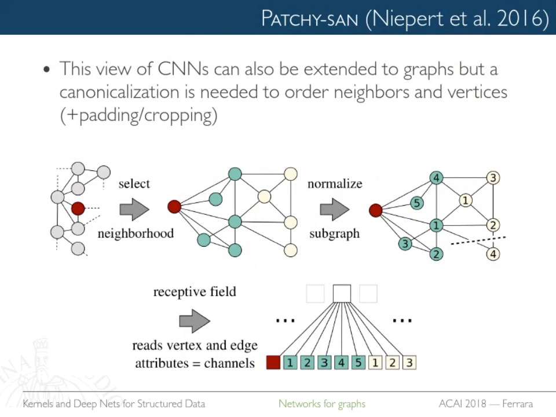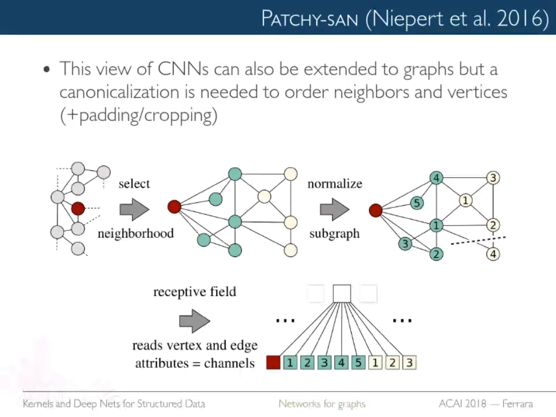So you just visit. Now you have your node, you select your neighbors. Actually, they have a flexible definition of neighbors. It's like in NSPDK, where the neighborhood is like a ball around the vertex. So they can also select vertices at distance 2 from this red point.